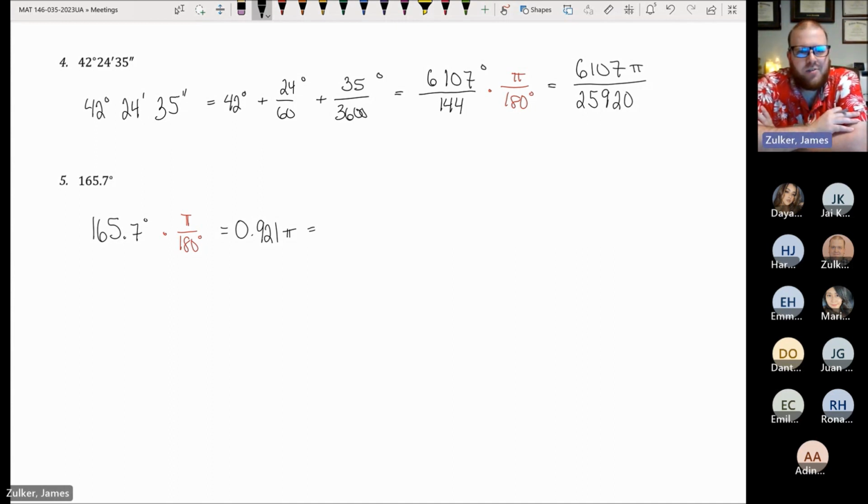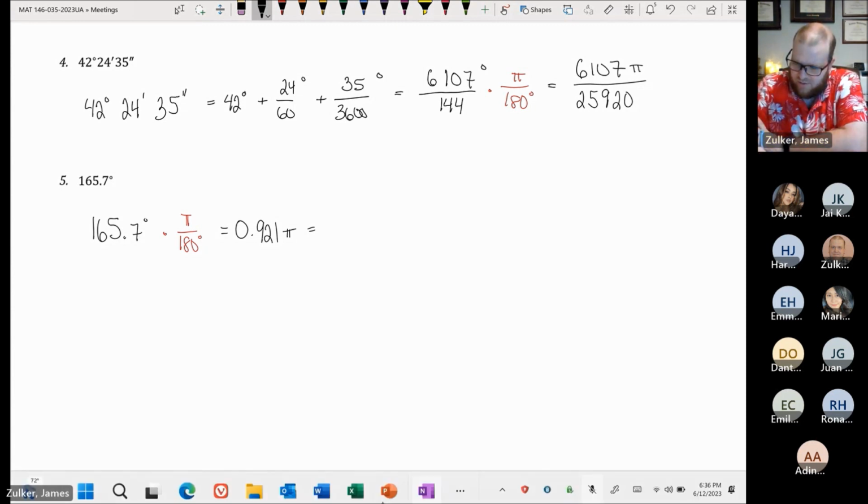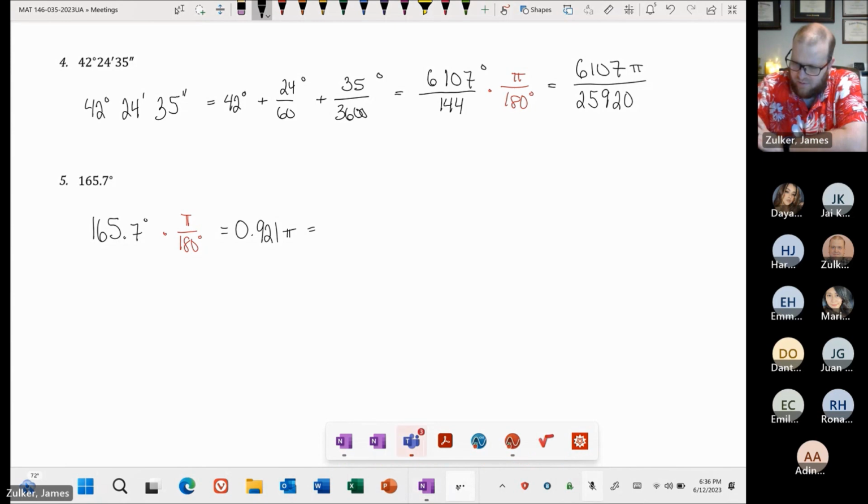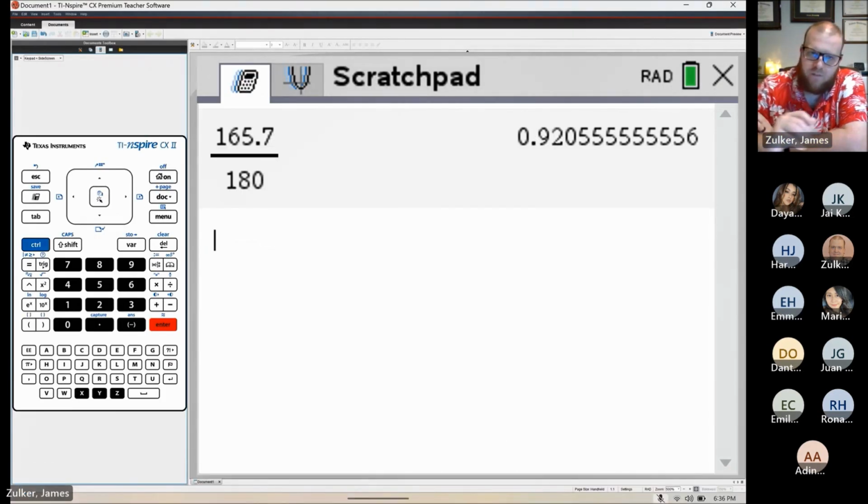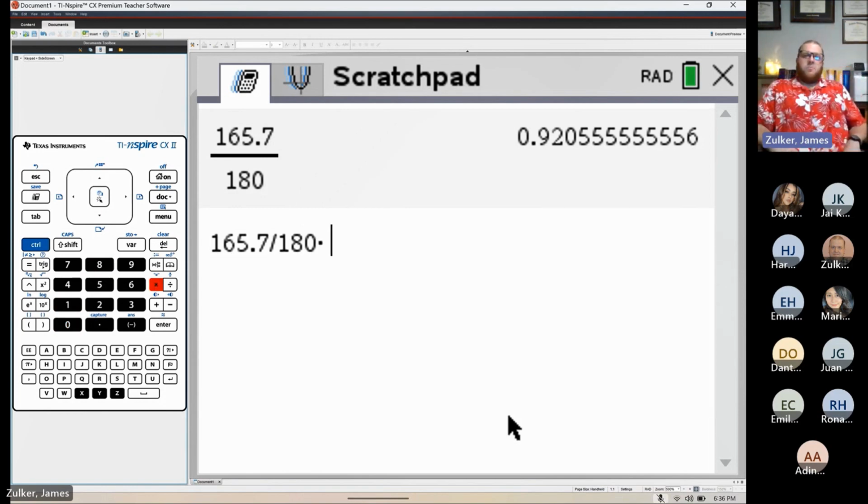We could also just approximate that product. We don't have to write it in terms of pi. Let's do it this way, divided by 180. What's the value for pi?